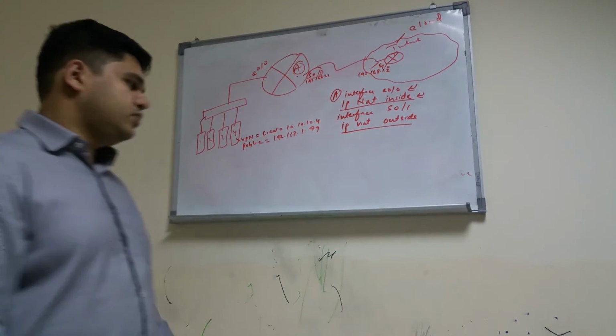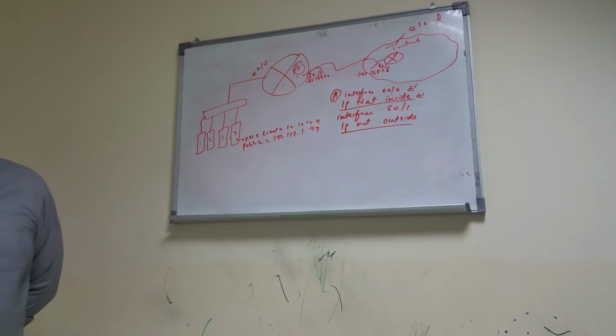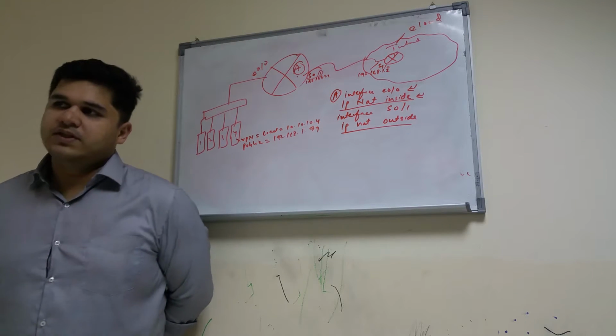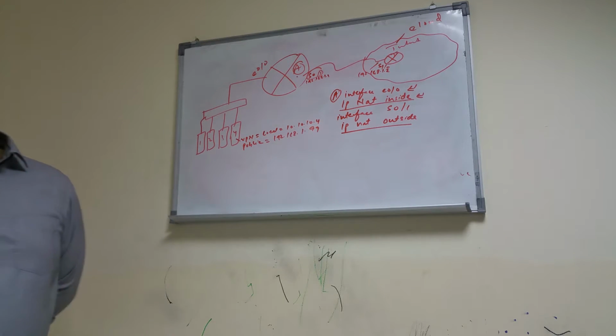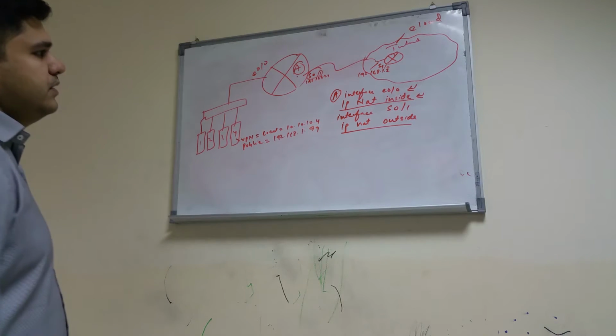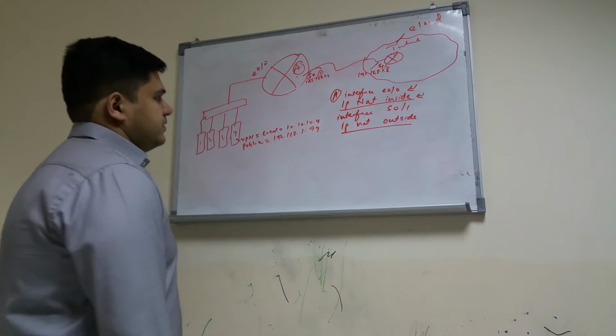Remember the first step: define which interface is facing the LAN and which is facing the WAN, the cloud or the internet. Then you do the translation.